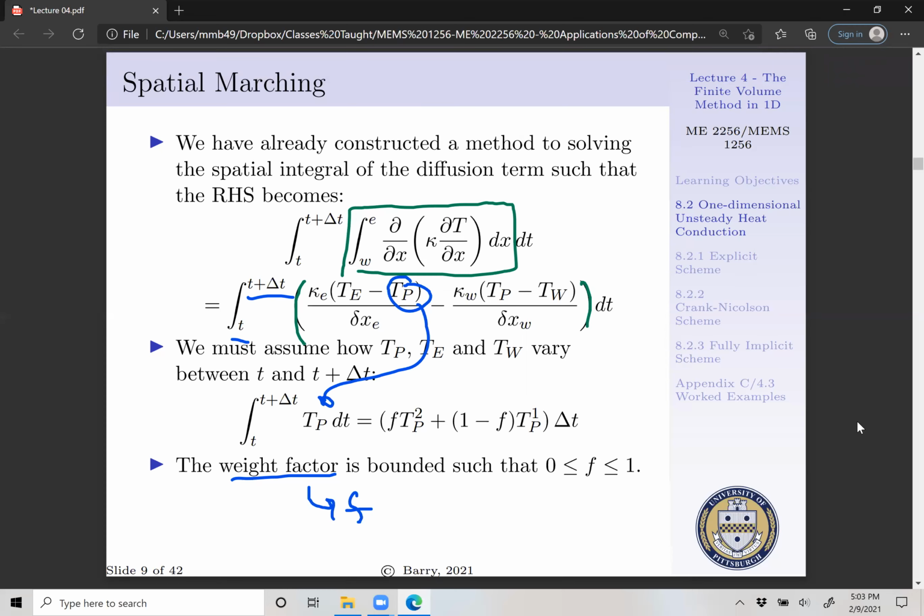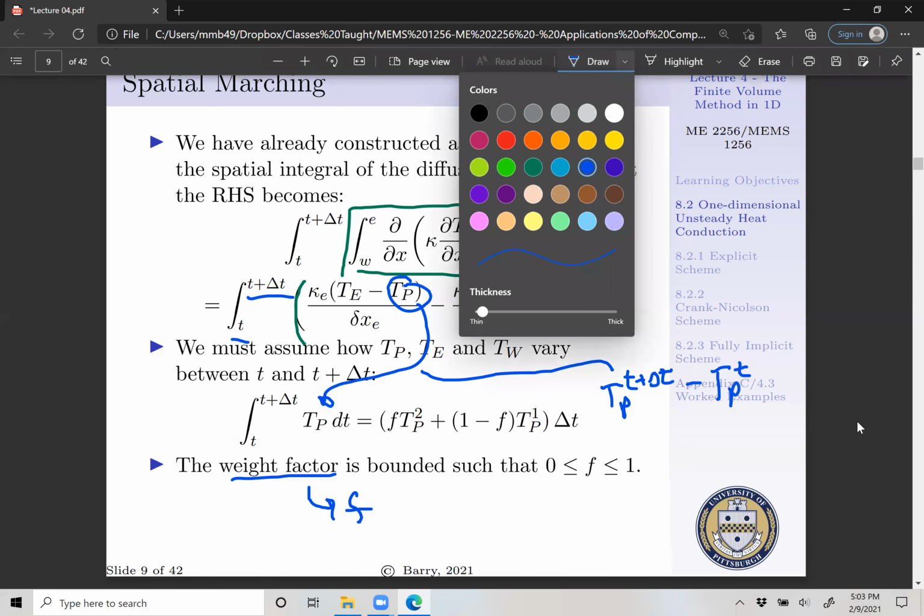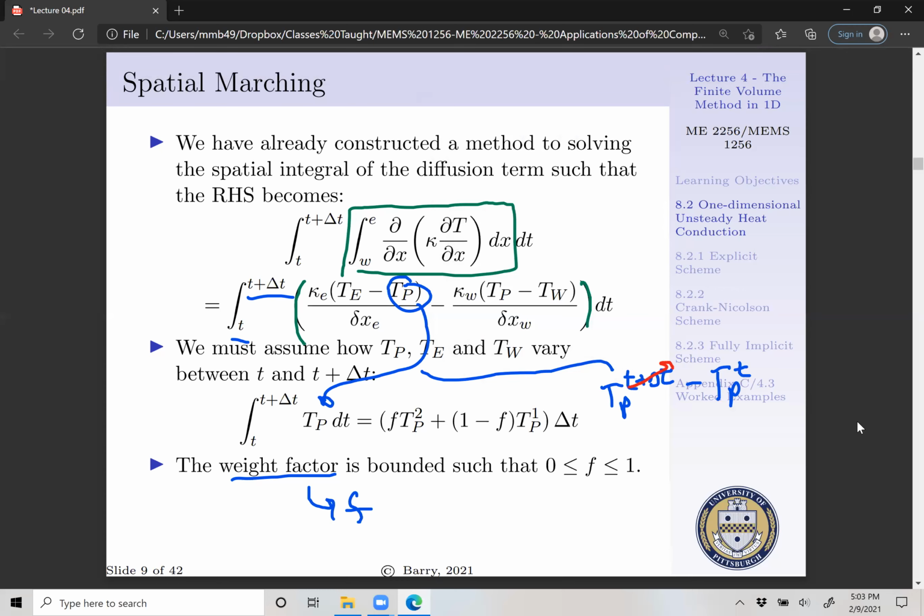So we could say that this is Tp evaluated at the time step t plus delta t minus Tp evaluated at t, right? And recall, we called t plus delta t our second time step and t our first time step. So we could say that this is simply Tp at our second time step minus Tp at our first time step.